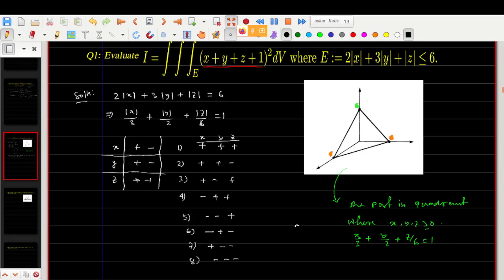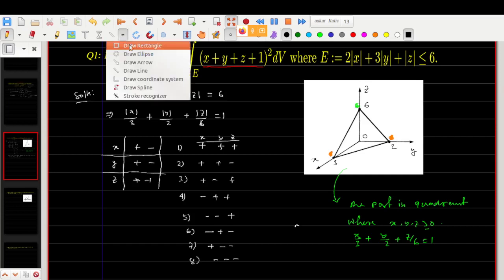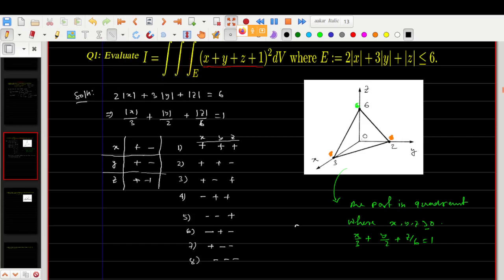So let me put it in black color. This is 6 and say this is the z axis, this is x and this is y. This is the origin. Then what is x? x will be cut at 3 and y will be cut at 2.